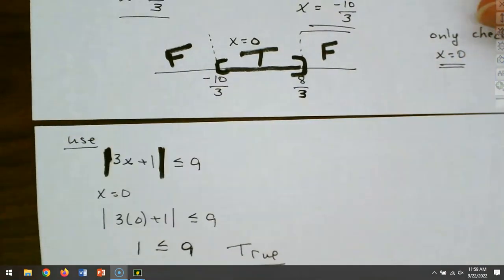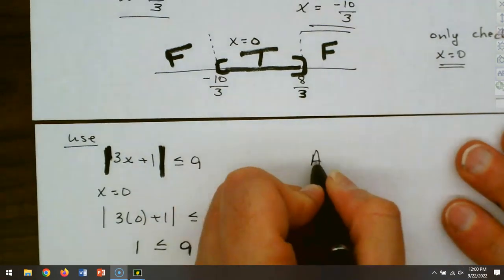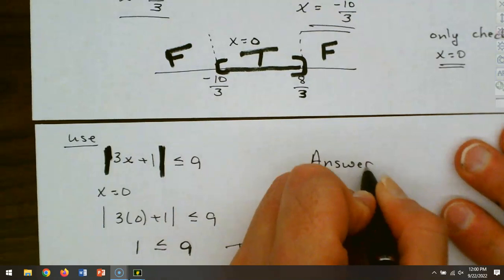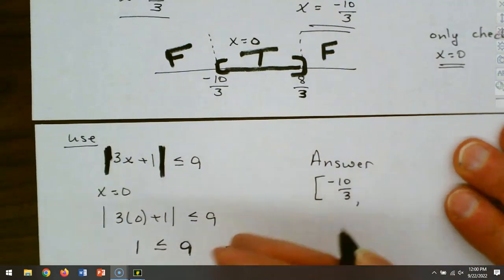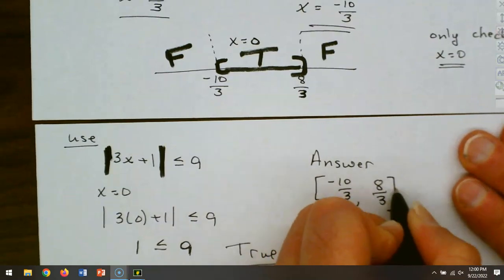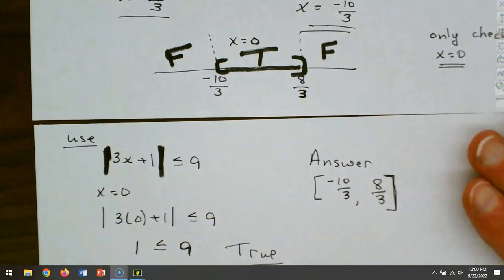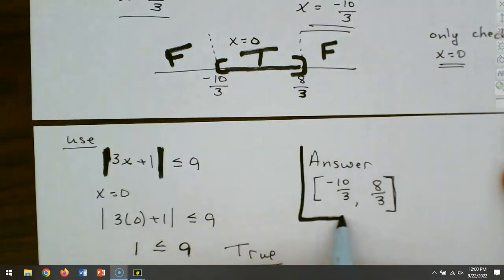And what does our answer now look like? Let's write it out in interval notation. And your answer is negative 10/3, comma, 8/3, and it gets square brackets as well. So that's going to be your final finished answer there.